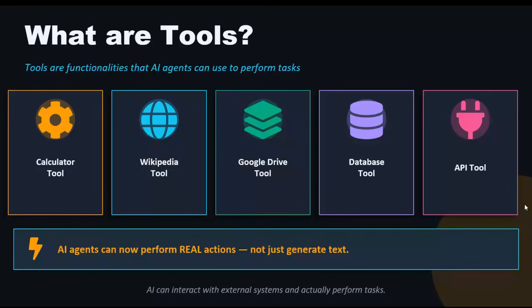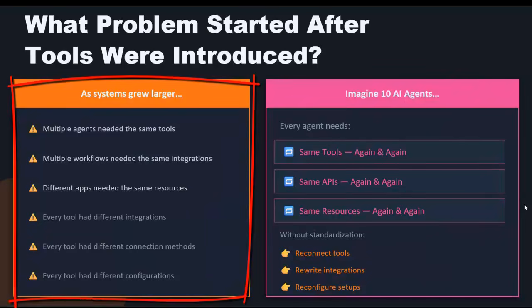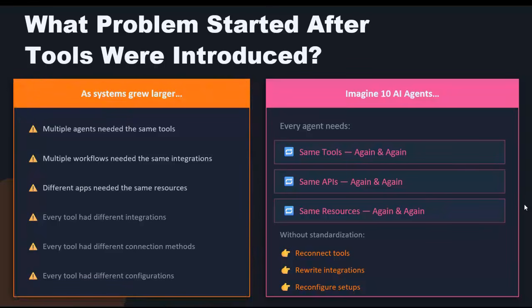So now let's discuss what problems started after tools were introduced. Initially, connecting a few tools was easy. But as AI systems became larger and more advanced, things slowly started becoming complicated. Because now multiple agents need the same tools, multiple workflows needed the same integrations, and different applications needed access to the same resources. Then what will happen?